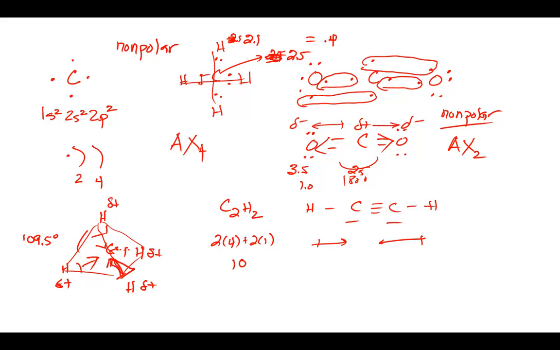So maybe you're thinking, well, when do we get a polar molecule in organic chemistry? Let's see if we can move to the next slide. So what happens when we substitute one of the hydrogens in methane and make it a fluorine? We're going to have the precursor, methane, knock off a hydrogen and put a fluorine in it.